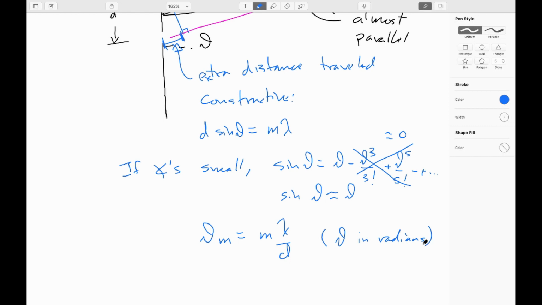So if you're given the angle in degrees and you're solving for the wavelength, say, or if you have the wavelength and they want the angle in degrees, it'll be on you to convert between radians and degrees. If you don't feel like doing that, you can always use the more precise version here, where you just leave the sine theta as sine theta, but it isn't really going to matter for any practical experimental setup.